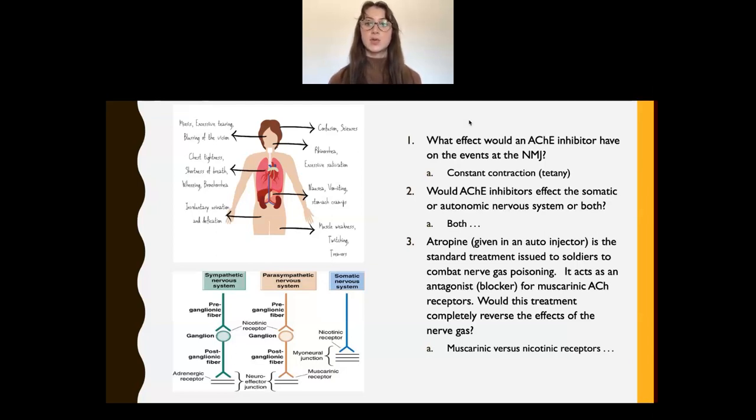Number 2, would acetylcholine esterase inhibitors have an effect on the somatic or autonomic nervous system, or both?